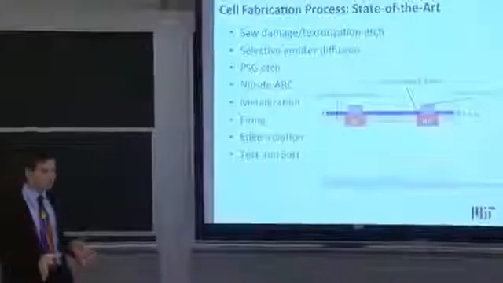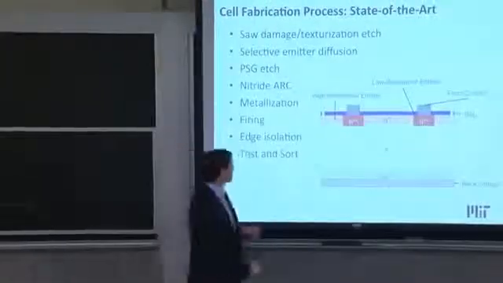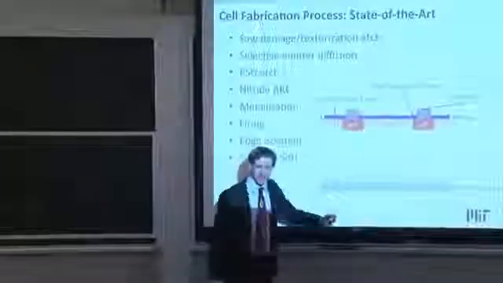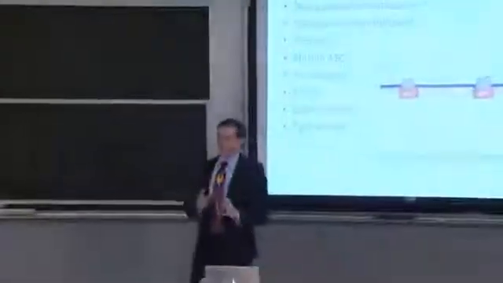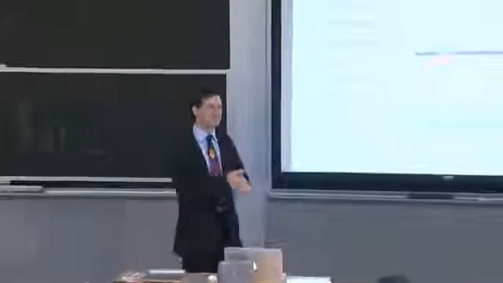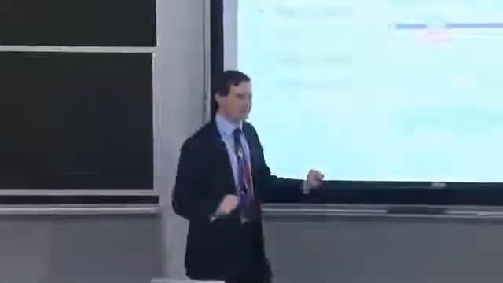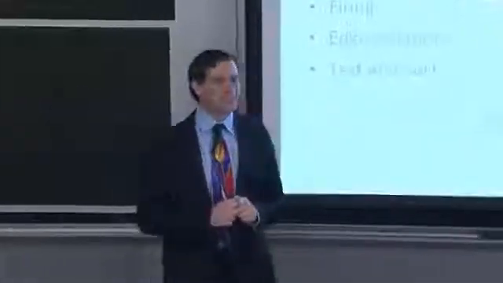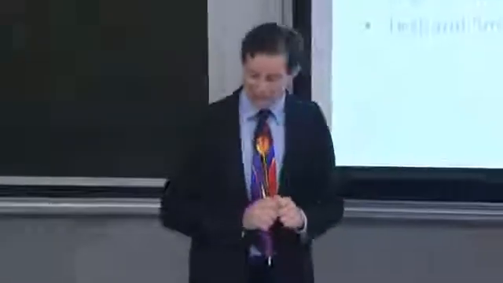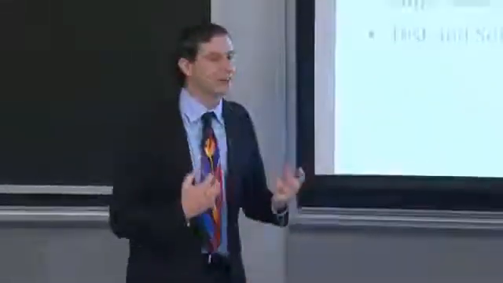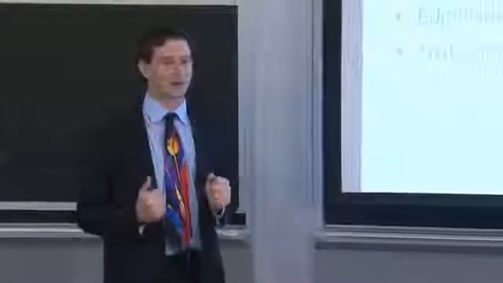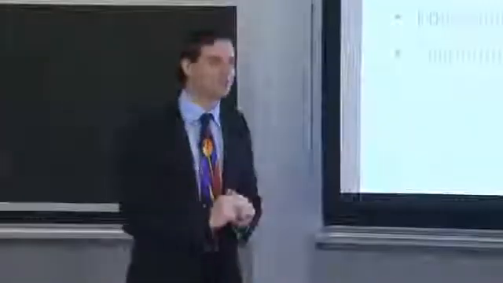Funny but true story. There was a company I worked with to solve a problem, and they were getting lower efficiencies in their new process, and they couldn't figure out for the life of them why. They checked everything. And it turned out that they were cutting their wafers to a slightly smaller size than before.